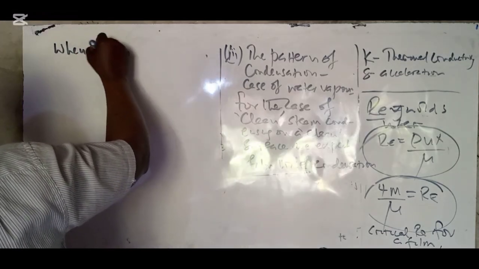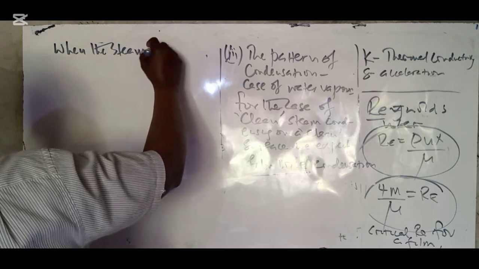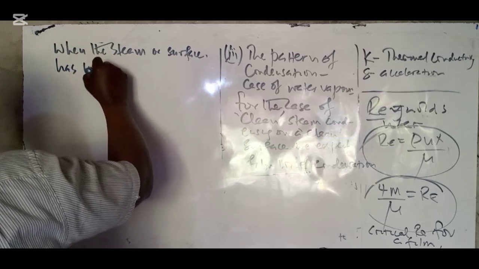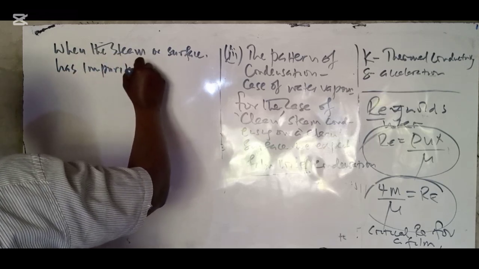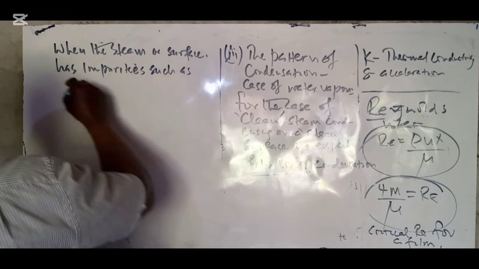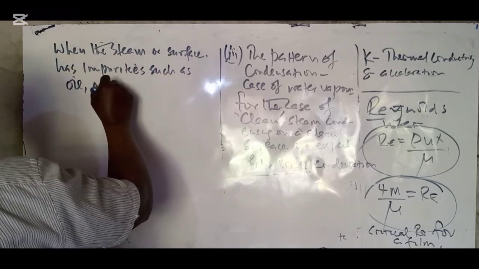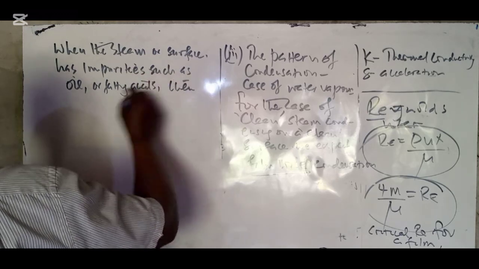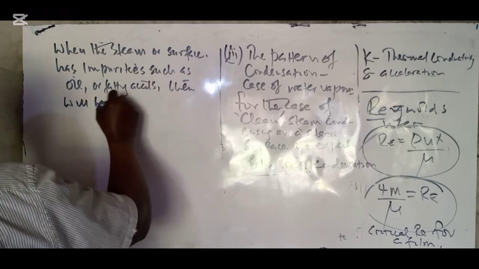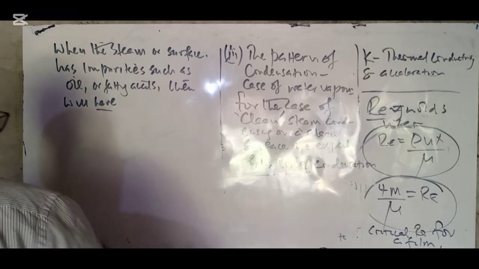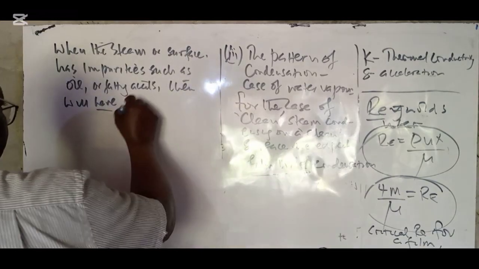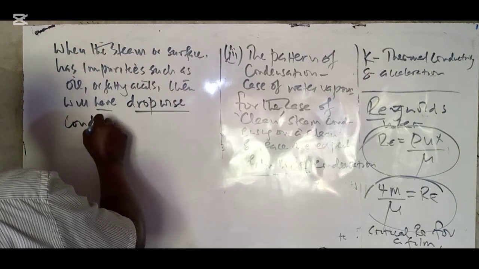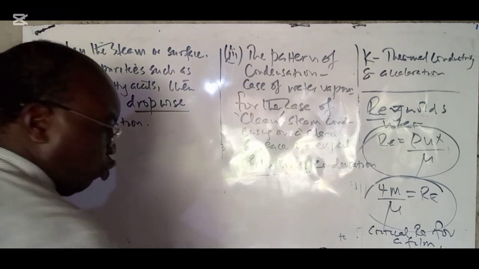When the steam or surface has impurities such as oil or fatty acids, then we'll have dropwise condensation. So you form drops.